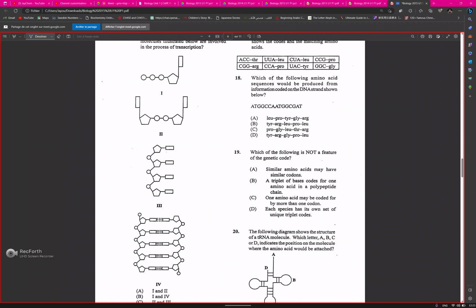What's transcription? Can anyone tell me that?